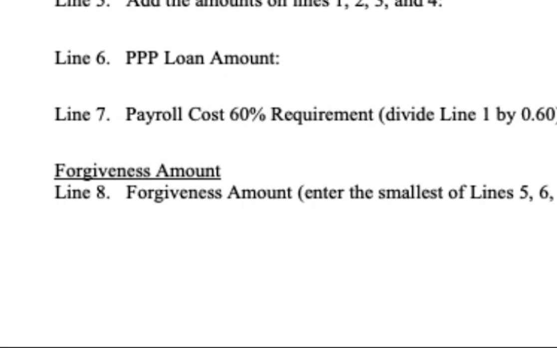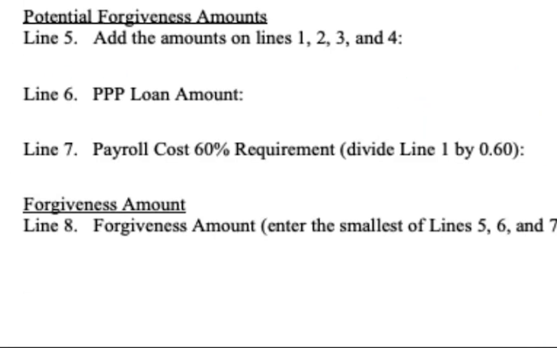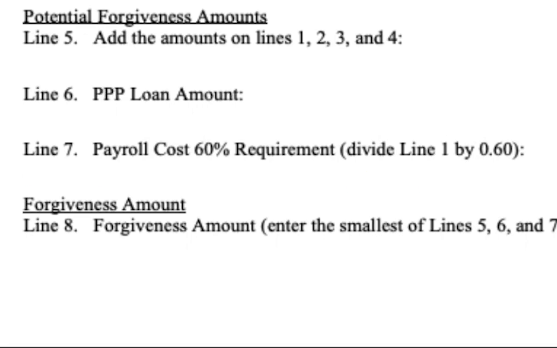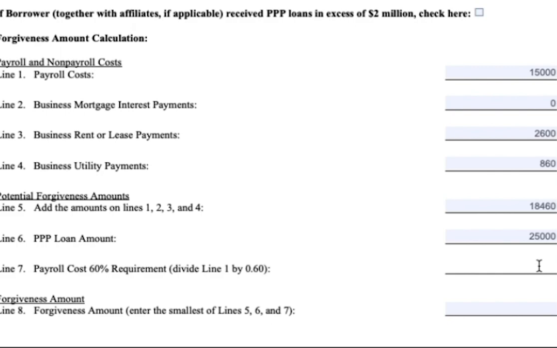Line 6, what was your actual loan amount? Line 7. Line 7 is kind of tricky. It's not really that tricky because it's kind of telling you what to do. But they basically are trying to see if you actually spent 60% of your PPP loan on payroll costs. That was one of the rules, okay, to be forgivable.